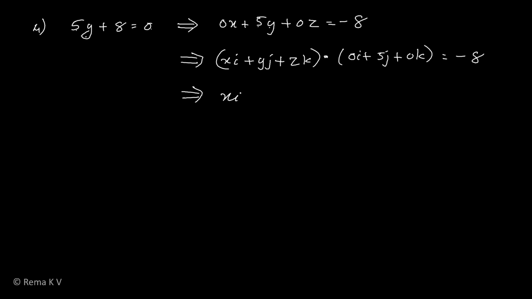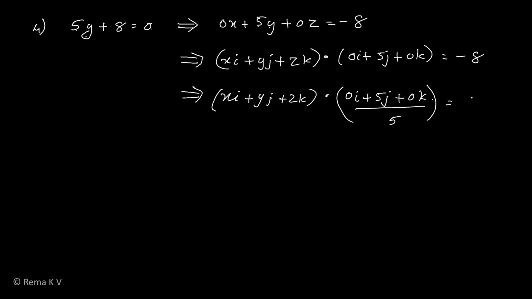For that, let us write this as xi plus yj plus zk dot. What's the magnitude of this vector? It is 5, so we are dividing this by 5, which is equal to minus 8 by 5. So what are the direction cosines?